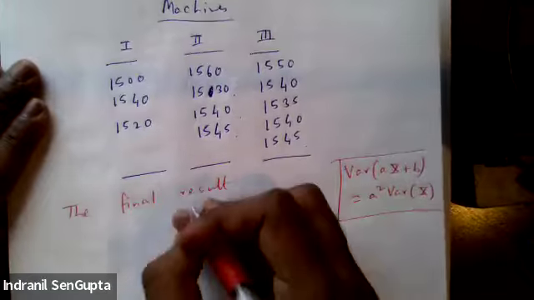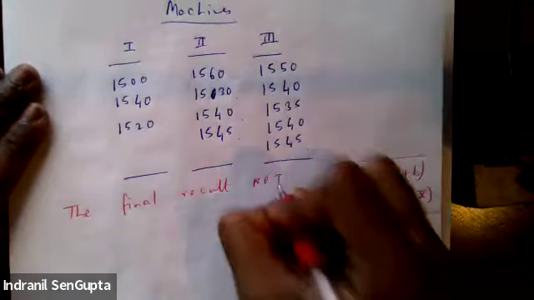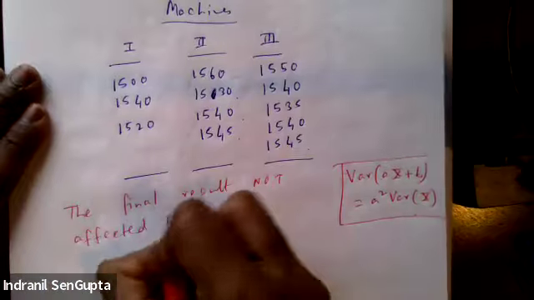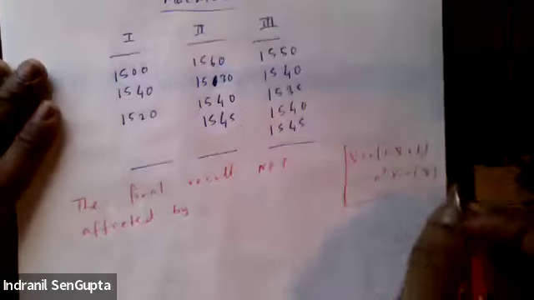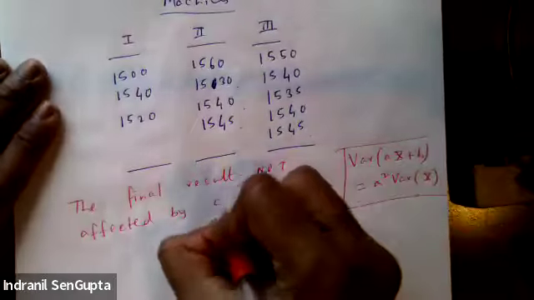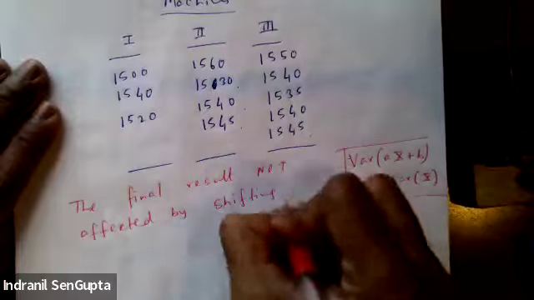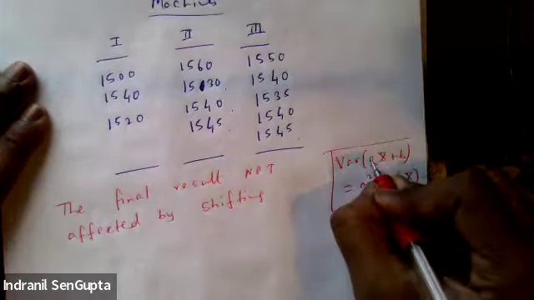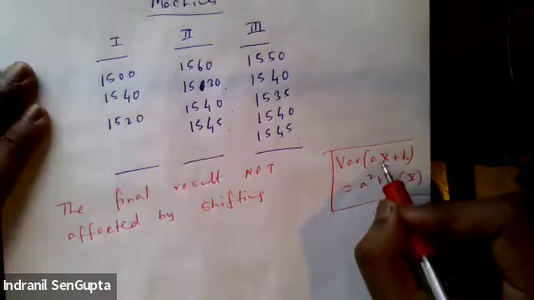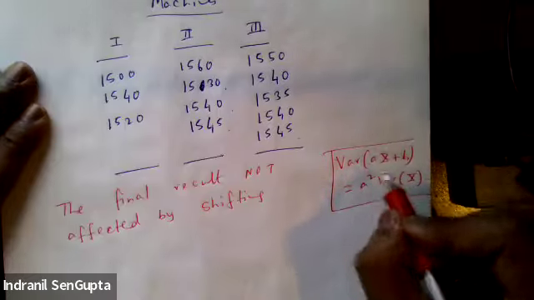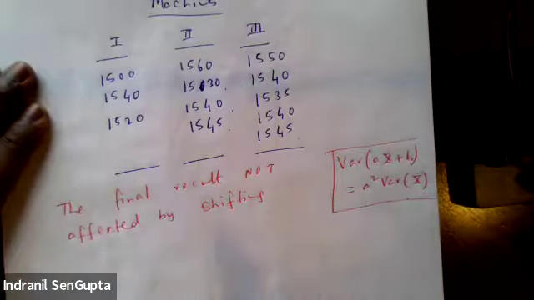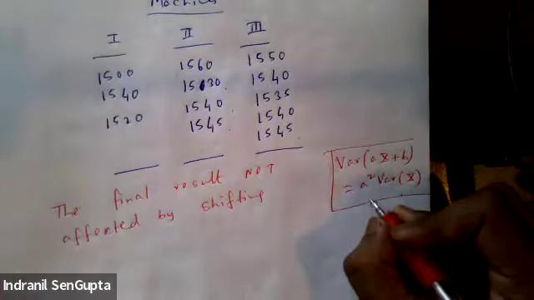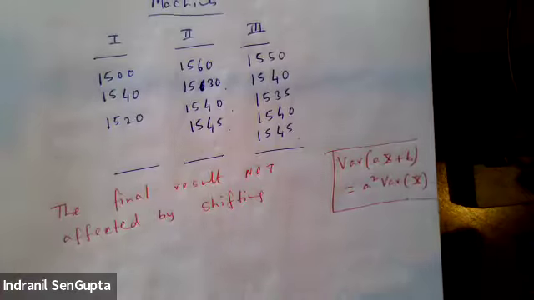So the result is not affected by shifting. Scaling is sometimes called the unit. Suppose I'm using 5 pounds as my unit; then in my final results, this is reflected as the square of that.